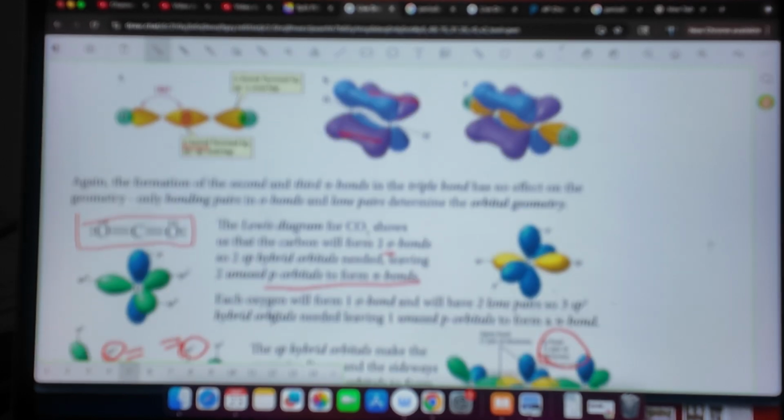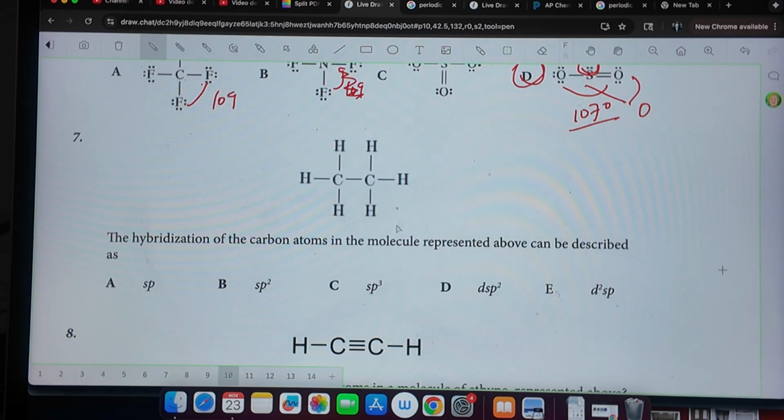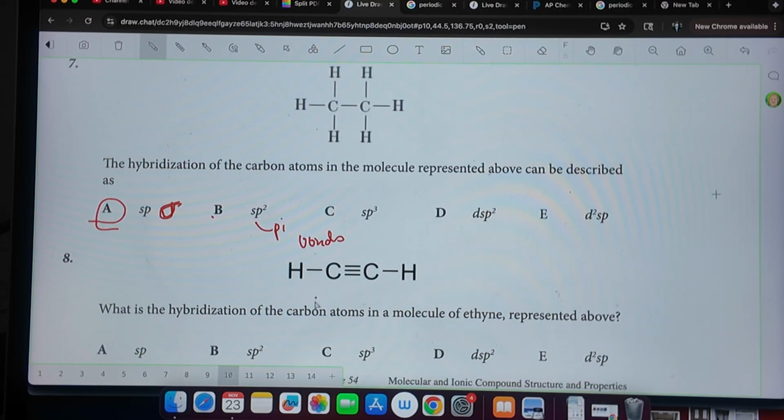And so when it overlaps, that's when there's an sp2 and an sp, and the sp2 they call pi bond. So let's go back. So I would call these sigma bonds. I think sp2 would be pi bonds, if I read that correctly.